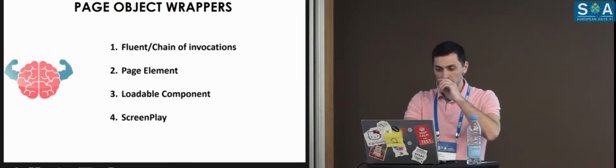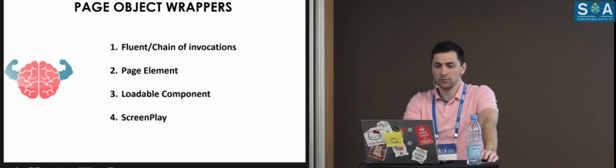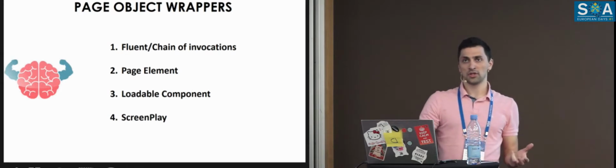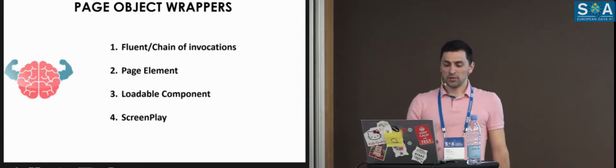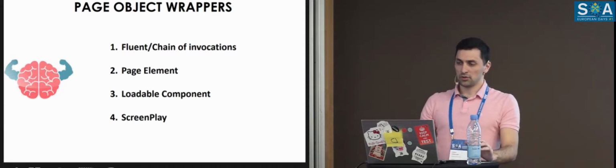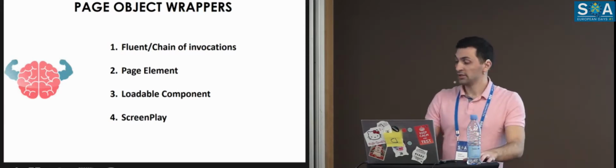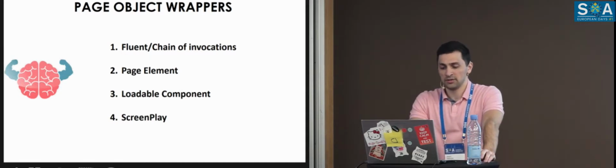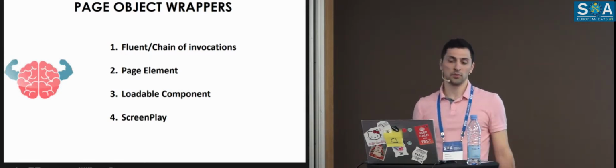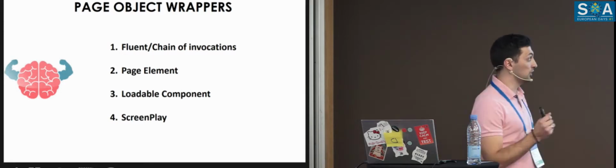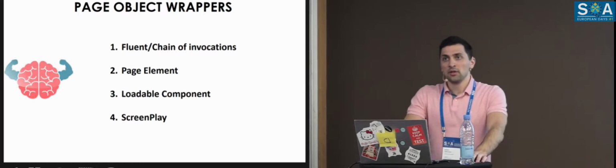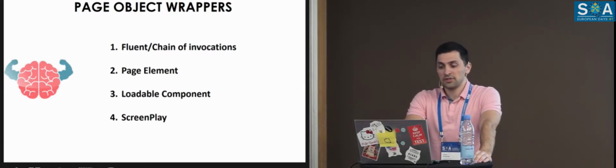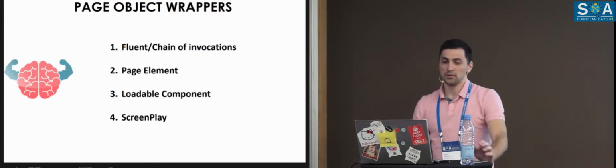It helps to work with the page context, which we need. Then page element or HTML wrapper. It adds an additional wrapper for our HTML components and additional logic to our component. And loadable component, which helps when we want to wait for our page to load. And last one, screenplay. It is a pattern introduced in the Serenity tool, and it adds additional behavior to our test step.